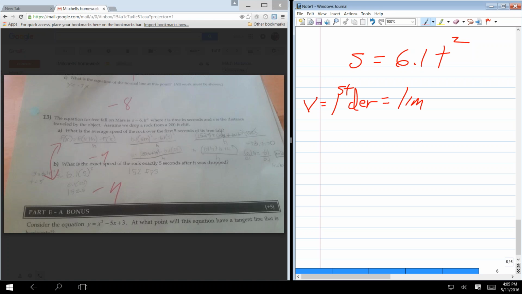No. Okay. So the limit of f of x plus h minus f of x all over h as h goes to 0. So that's what we have to do to this function. Now let's go through the math.